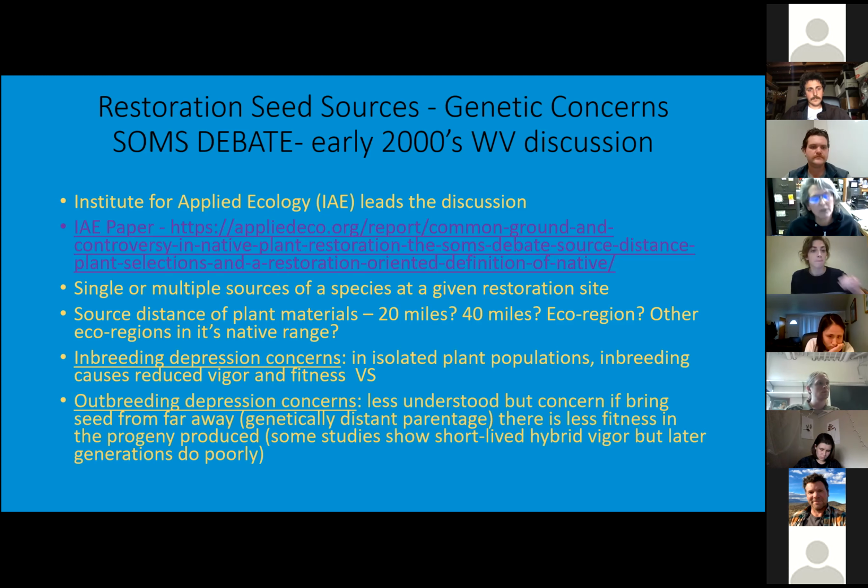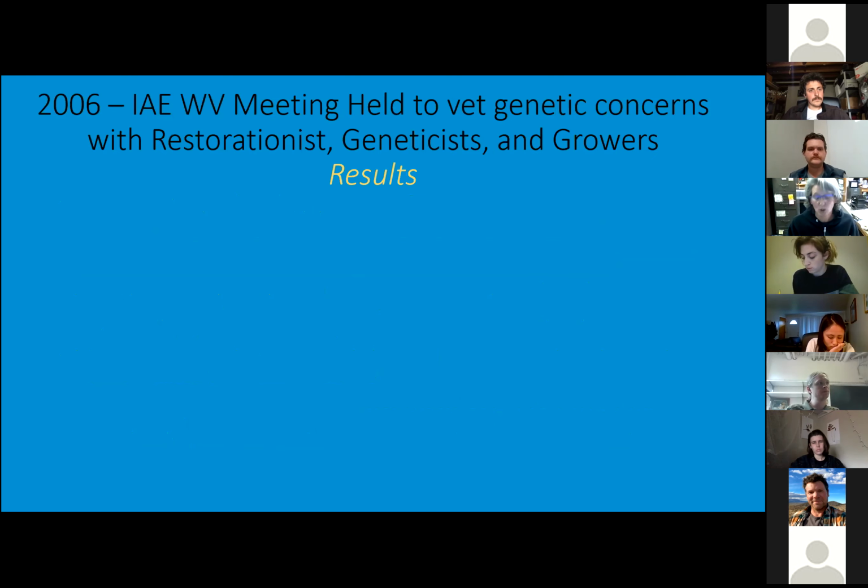People were very concerned about this because we just don't know. If you bring seed from Idaho to the Willamette Valley, that's a very genetically distant parentage, and there's some evidence that there's less fitness in the progeny produced. Some show some hybrid vigor, but still the later generations do poorly. So that was the big question.